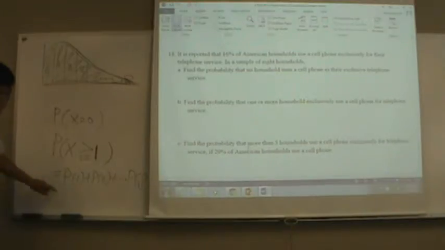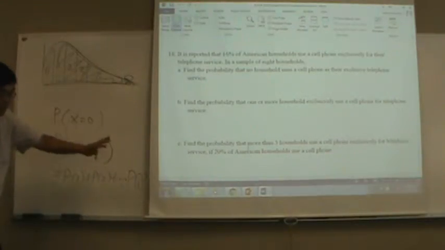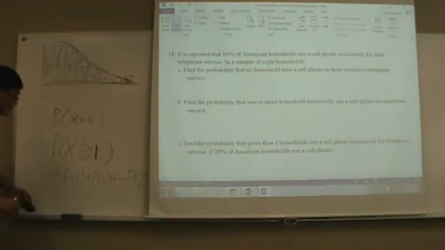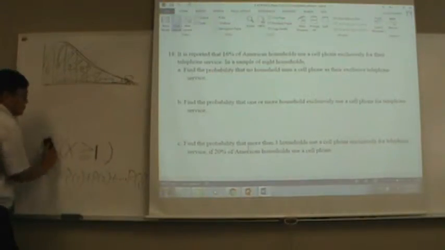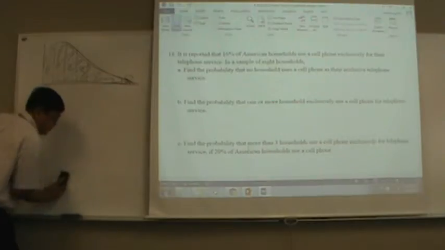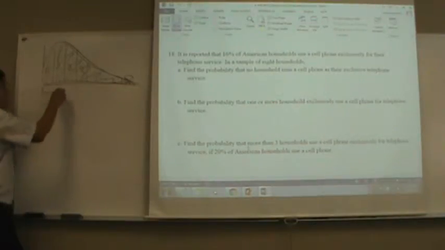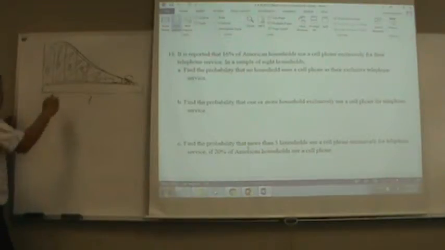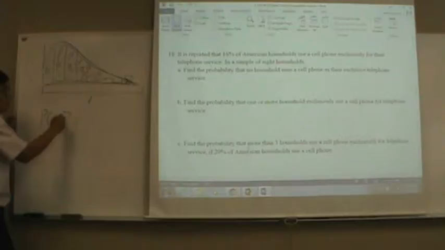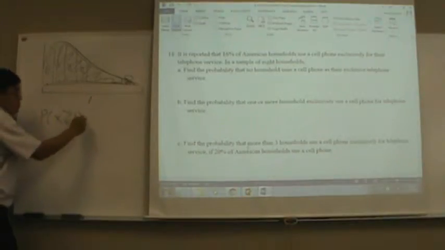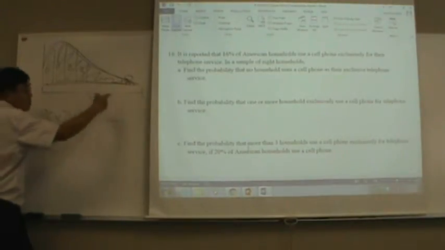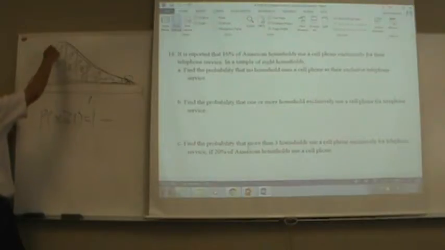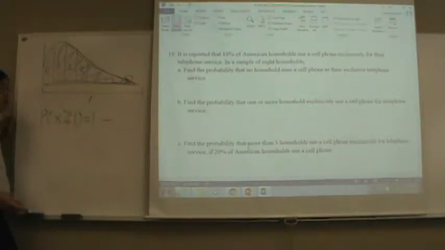In that case, just find 1, 2, 3, 4, up to 8 and add, or use the concept that total probability is 1. So P of x greater than or equal to 1 equals 1 minus this much, that is the right side.